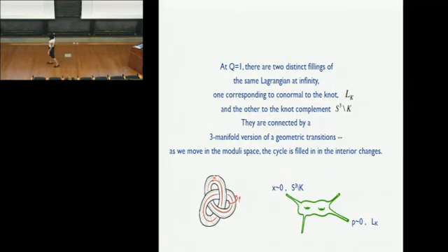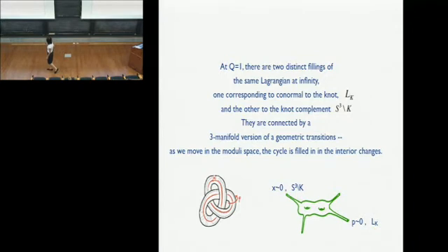The interpretation of this is that of the 2 components, you get actually 2 distinct fillings of the same Lagrangian at infinity. One corresponds to the conormal of the knot, where P vanishes, and in fact for Q equal to 1, it's identically 0.